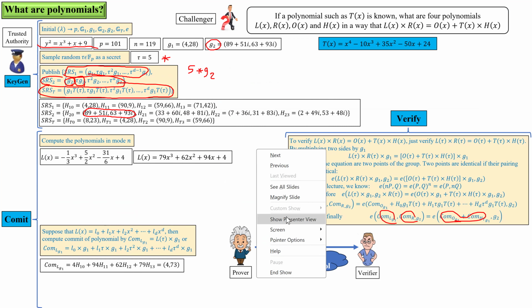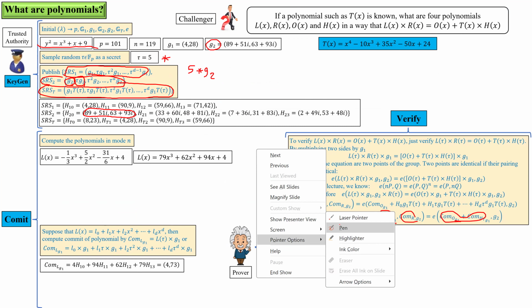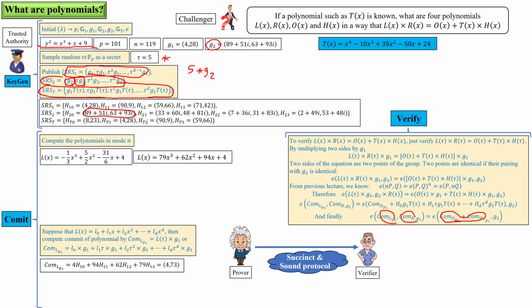Okay, now the third element in SRS2 equals tau to the power of 2 multiplied by G2. Tau equals 5, so this would equal 25 multiplied by G2.